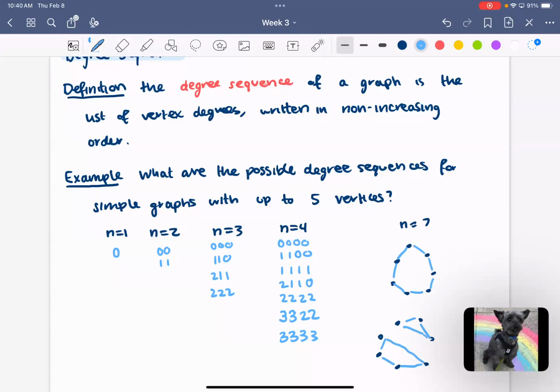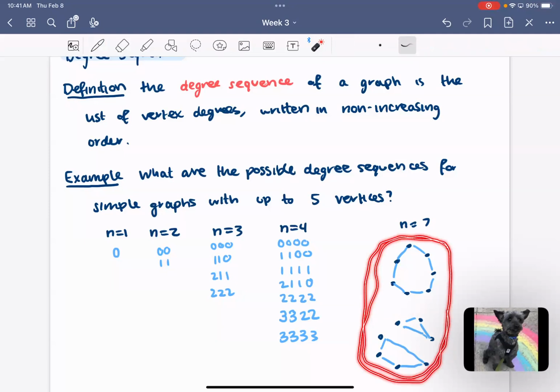Thinking of this as one graph with two components, these two graphs have the same degree sequence because every vertex has degree 2, but they're not in the same isomorphism class. So it is possible to be non-isomorphic but have the same degree sequence.